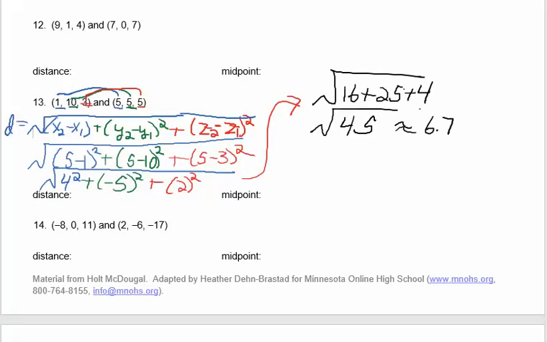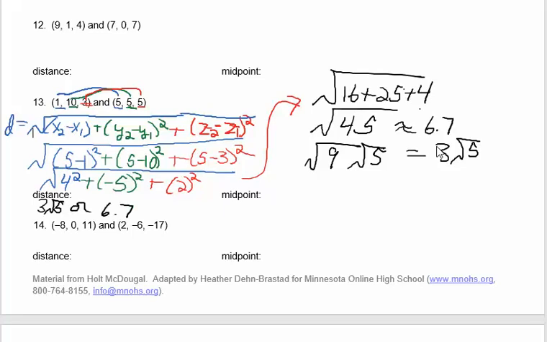If you want to practice simplifying your square roots, rewrite this as the square root of 9 times the square root of 5, and the square root of 9 is 3, so 3 square root of 5 is the exact answer. 6.7 is rounded to the nearest tenth. So the answer for number 13 is either 3 square root of 5 or 6.7.